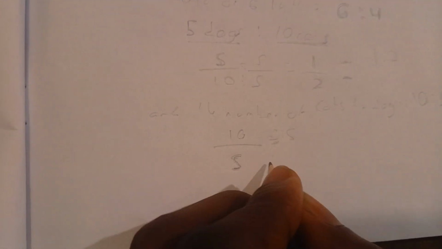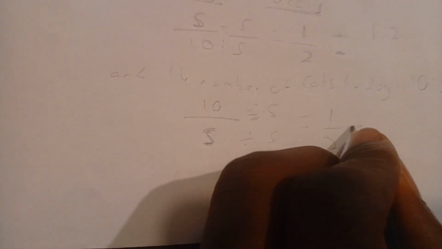You divide by the highest common factor, 5 and 5. You get 2 over 1. You might say these are the same, but whilst working with ratios, you must check whether it follows what you are doing. So the order in which a ratio is given is important.